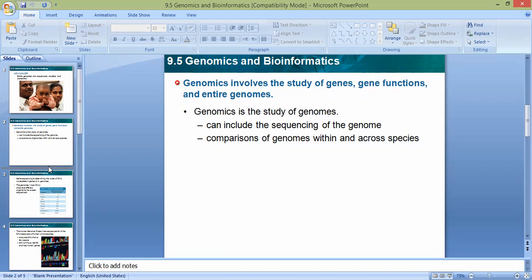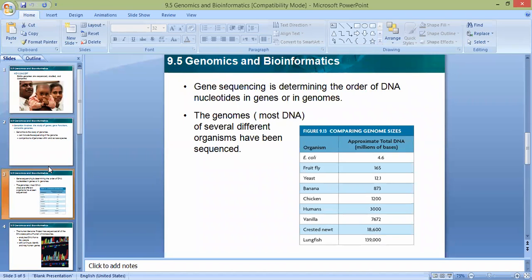If you want to compare the genes of, for example, two species, the human and, as we said before, the chimpanzee, or two species of birds, you want to compare between the genomes. This is genomics. Okay? This is the first thing you have to know. And we also talk here about something in the genome.